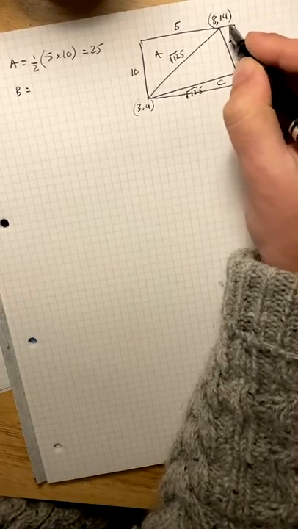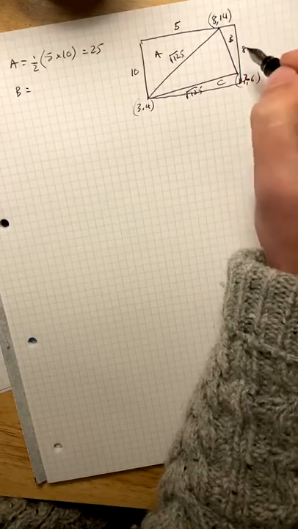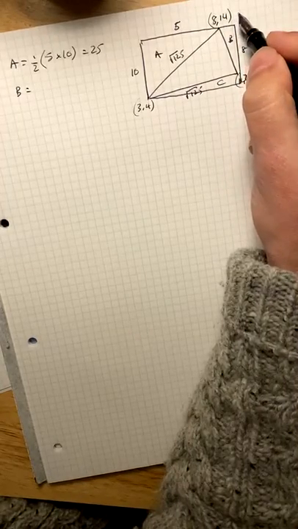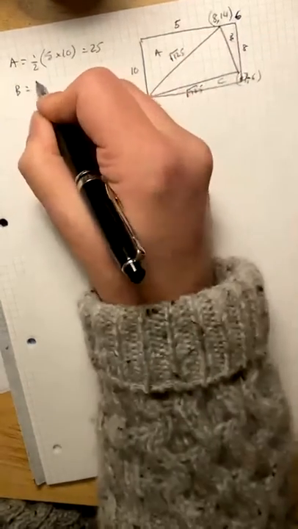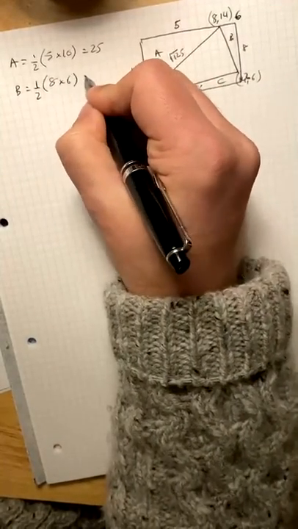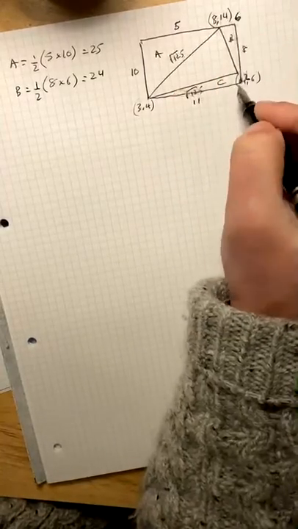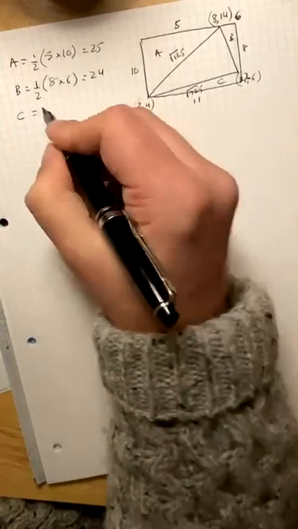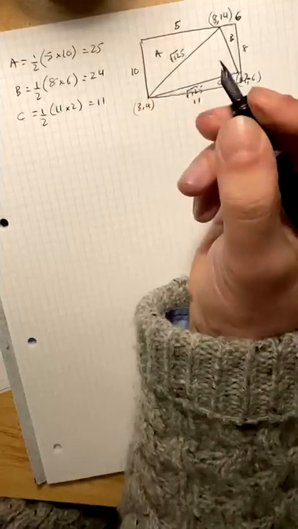And this distance here, well, we know it's going from 8 to 14, so that is 6. So B is half of 8 times 6, which is 24. This one, we know that's 11, 5 plus 6, and we know that's 2. So C is half of 11 times 2, which is 11.